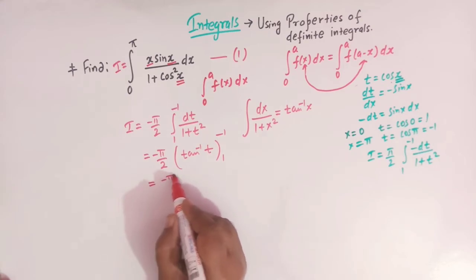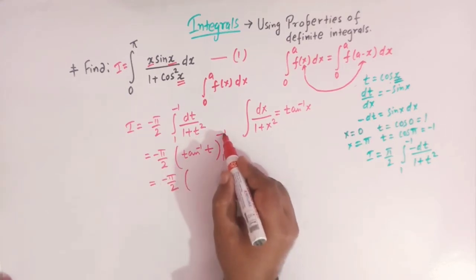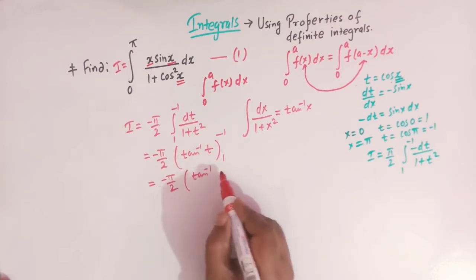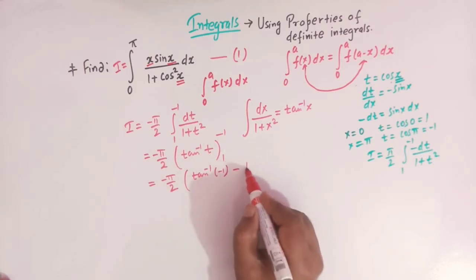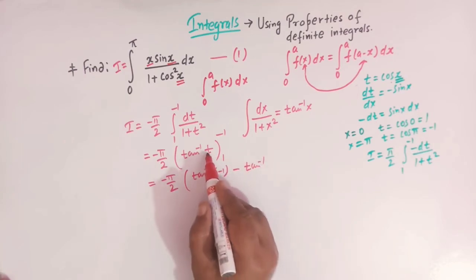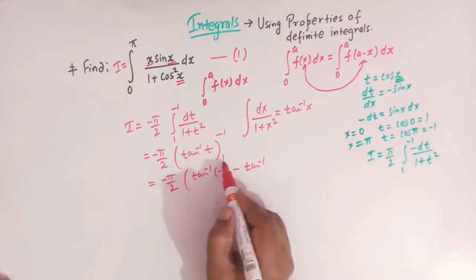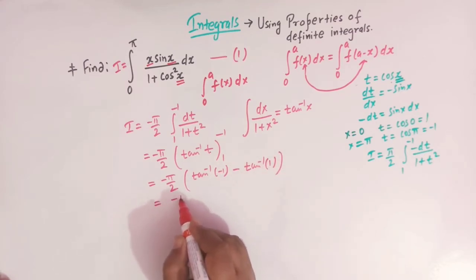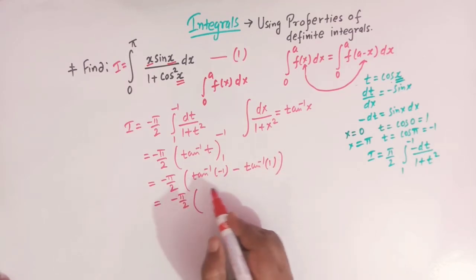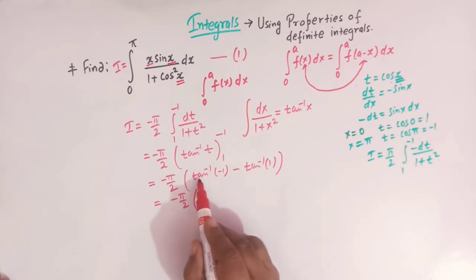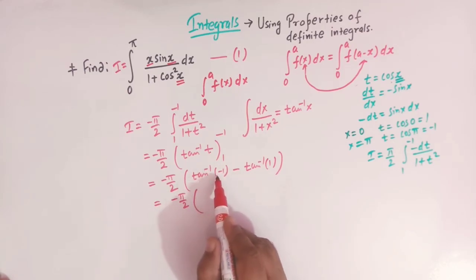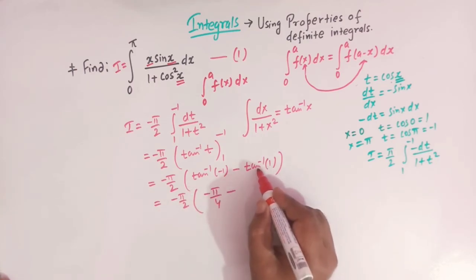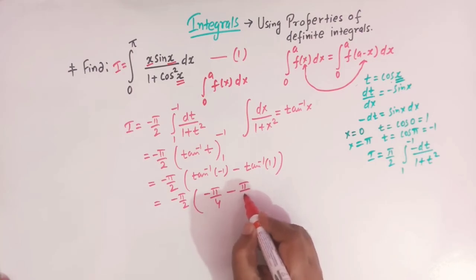So we have minus pi by 2, and first we will take minus 1, so we have tan inverse of minus 1 minus tan inverse of 1, right? We'll take t is equal to 1 here, and now we have minus pi by 2, and we can take the value of tan inverse minus 1 as minus pi by 4, and tan inverse 1 is simply pi by 4.